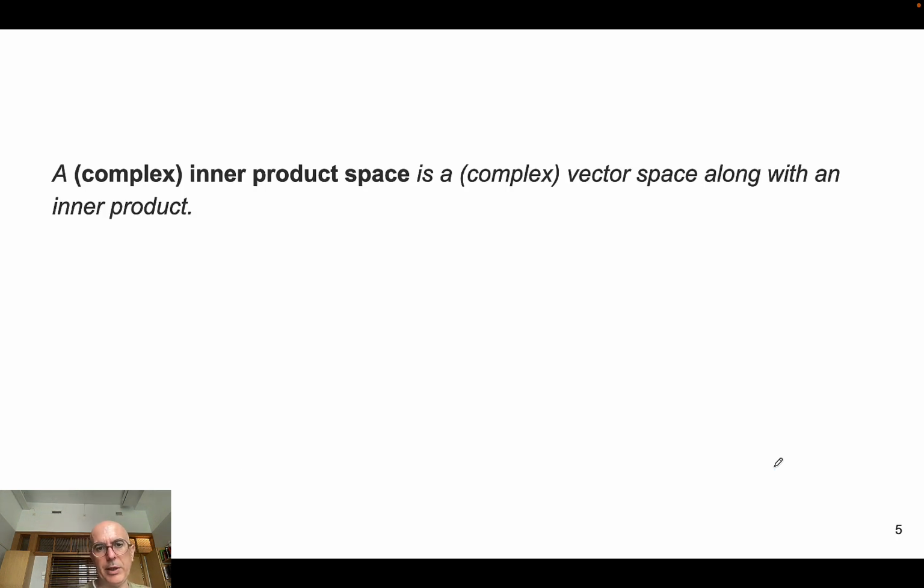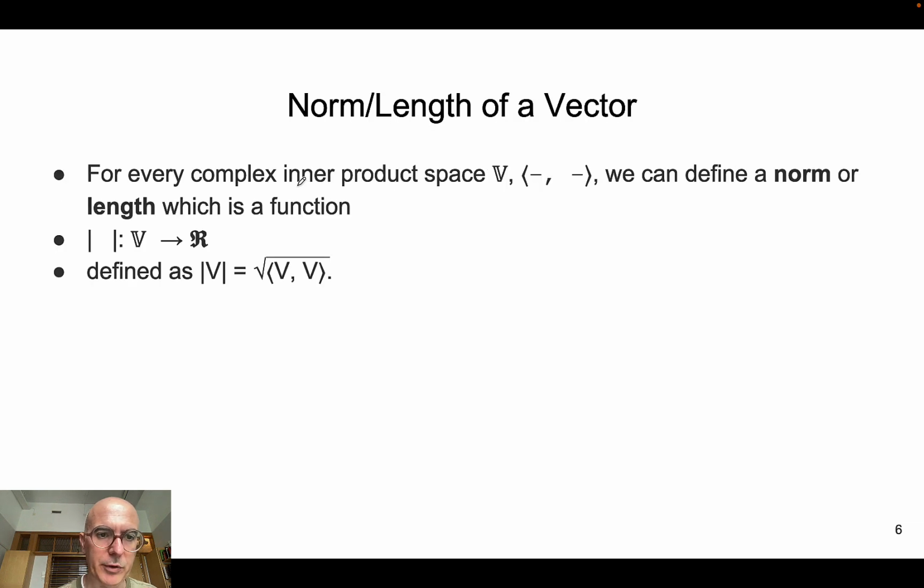A complex inner product space is a complex vector space along with the inner product. We start with our space that consists of complex vectors that we're going to use for modeling quantum computation and quantum states, and we add an operation, the inner product, that satisfies the properties we saw in the previous slide.